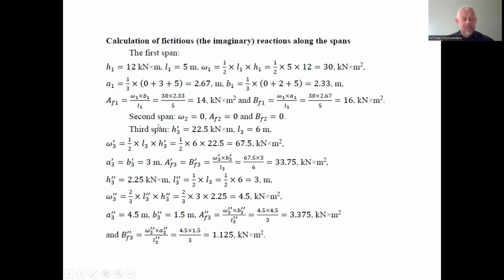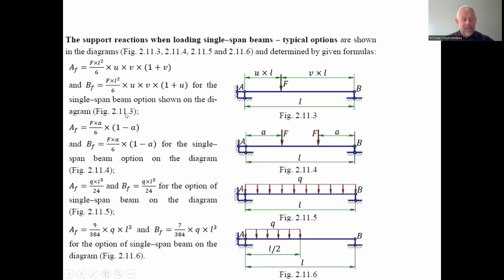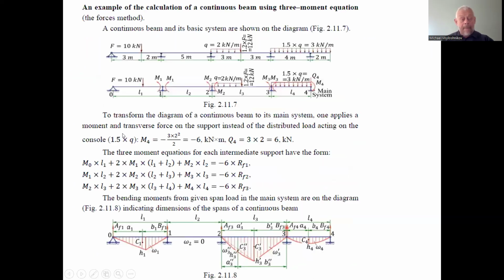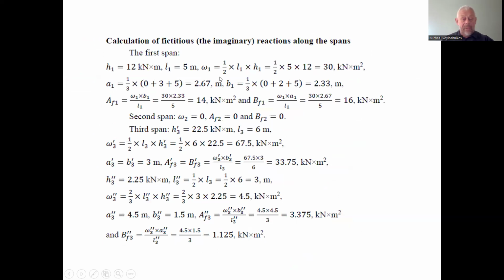After substituting the magnitudes into the formulas of the summands R_f_i and B_f_i, we have the area of the diagram, omega_i.